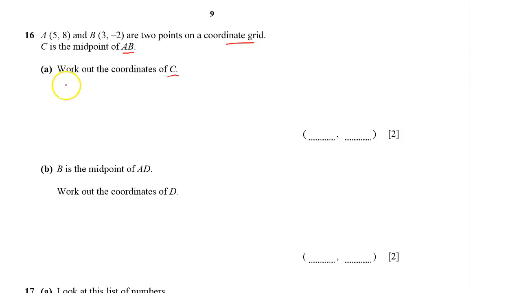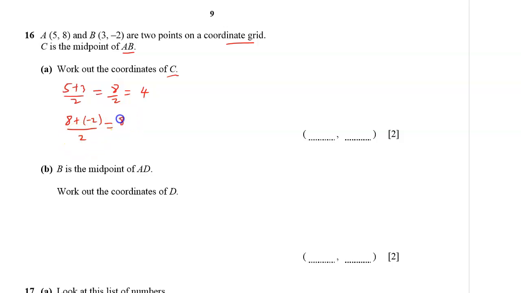To do that, we take 5 plus 3 divided by 2. This will give us 8 divided by 2, which is 4. So the X coordinate of C is 4. For Y, it is 8 plus -2 divided by 2.